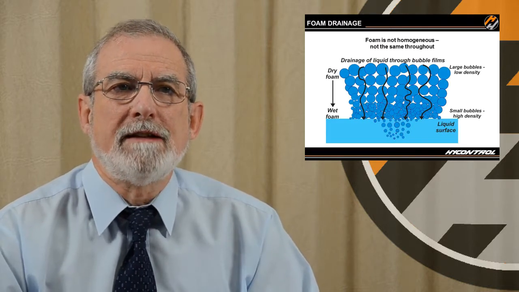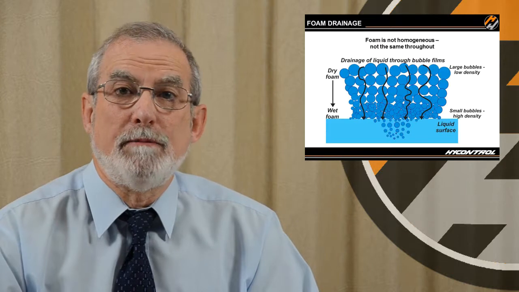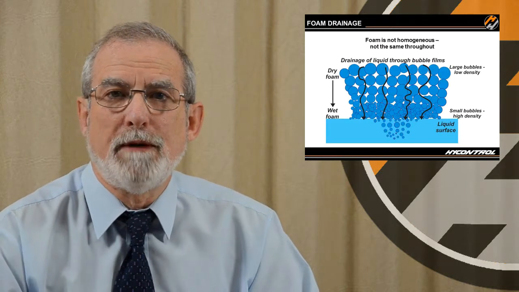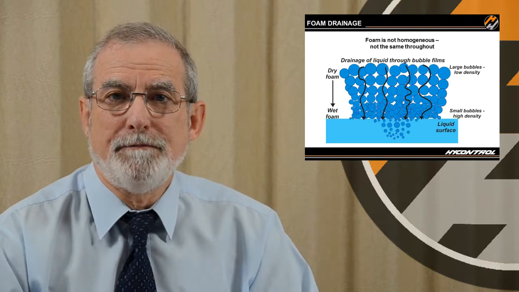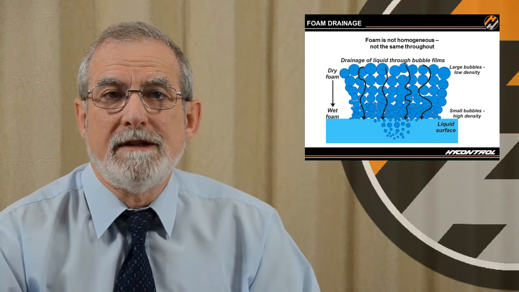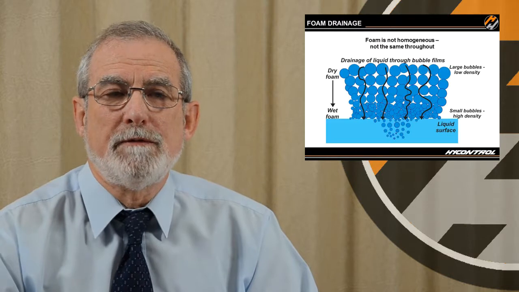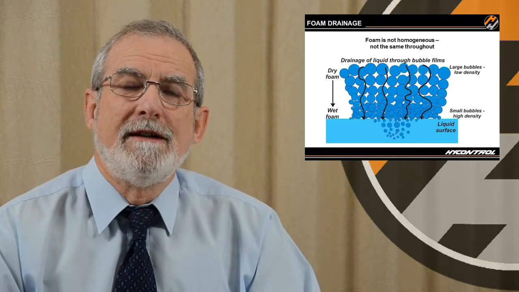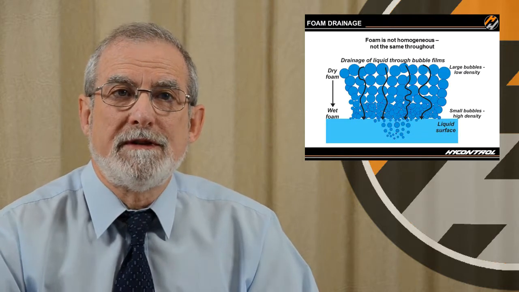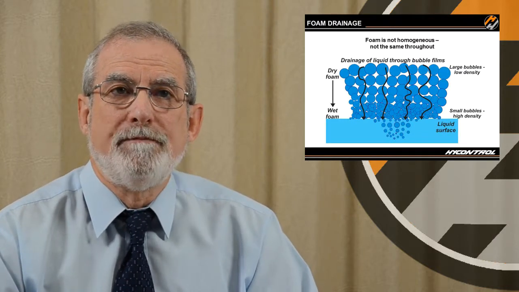If we look very closely, we can see that at the bottom of the column there are small bubbles of foam, and at the top of the column there are larger bubbles of foam. And the density of the foam varies from top to bottom. At the bottom we have small bubbles, at the top we have large bubbles, and it varies in between.